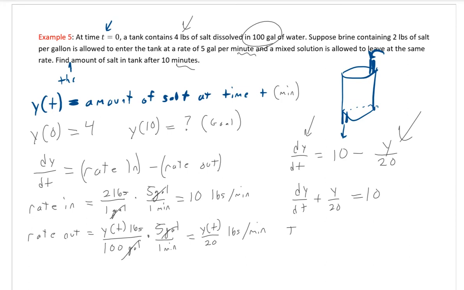We can say that the integrating factor I is going to be e to the integral of a(x), which in this case is just 1 over 20 dx. So it's going to be e to the x over 20, or, sorry, not x over 20, we're not using x's, t over 20.